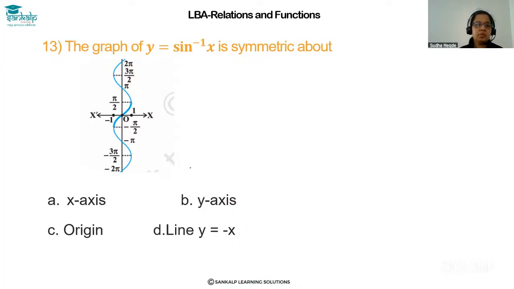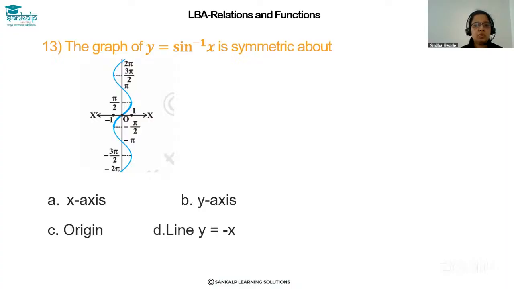Okay, so see the graph of sine inverse x. It is at 1, it is pi by 2. Next, at 0, it is pi. Again, 1, 3 pi by 2, 2 pi.